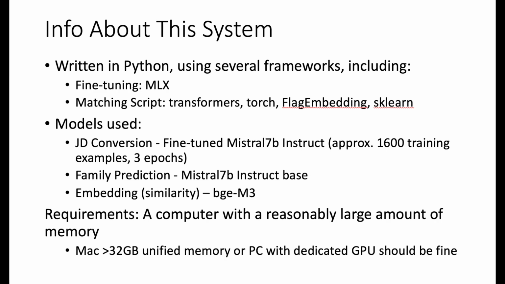The family prediction program uses the base Mistral 7B Instruct, so that's not fine-tuned. And then throughout that program, we used an embedding model for semantic similarity called BGE-M3, which is also open source. So all of this can be downloaded from Hugging Face, which is an amazing resource.